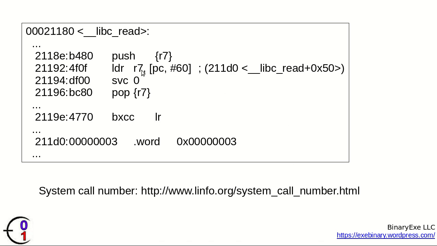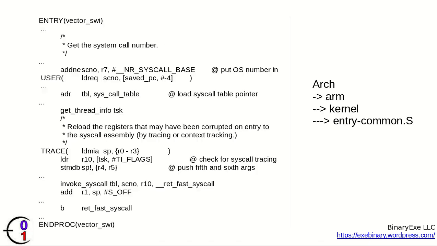Once it loads the system call number, it will call SVC 0, which switches the user mode to kernel mode. It also calls one of the functions in the vector table, that is vector_SWI. Vector_SWI has some role to do.